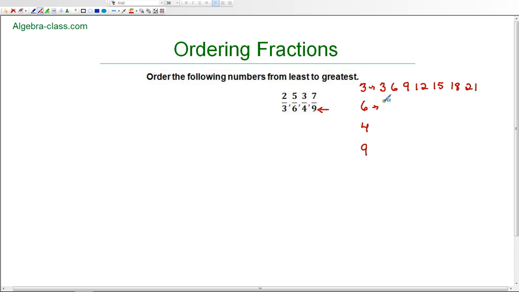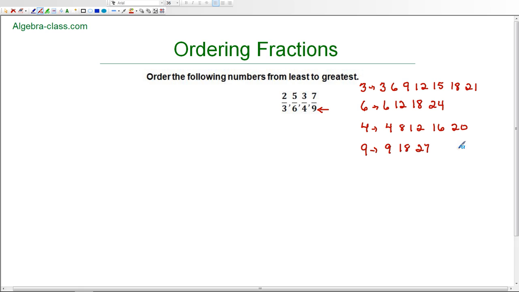The multiples of 6 would be 6, 12, 18, 24. The multiples of 4: 4, 8, 12, 16, 20. And the multiples of 9 would be 9, 18, 27.